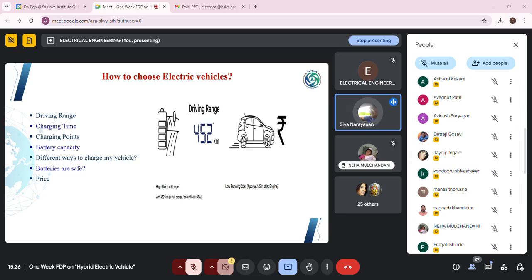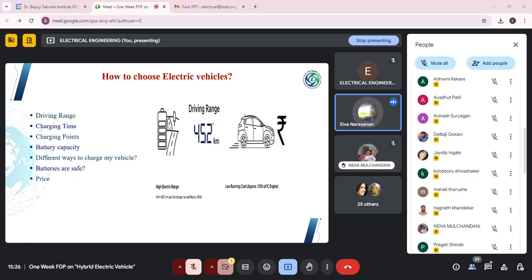Similarly, we have to identify in our particular route how many charging points are available. Nowadays, many people are hesitating to buy electric vehicles because of this reason. If the maximum they can drive is only 200 or 300 kilometers, then they have to charge it once again at a faster rate so that the driving range can be increased.